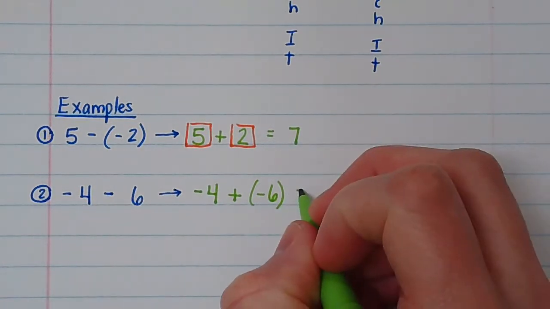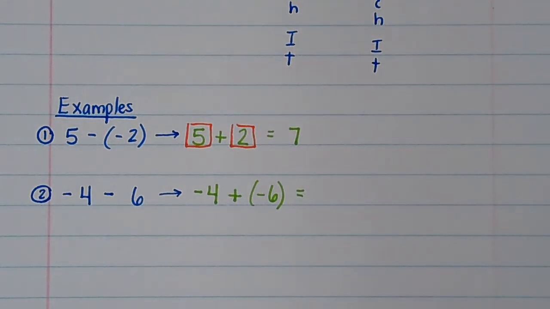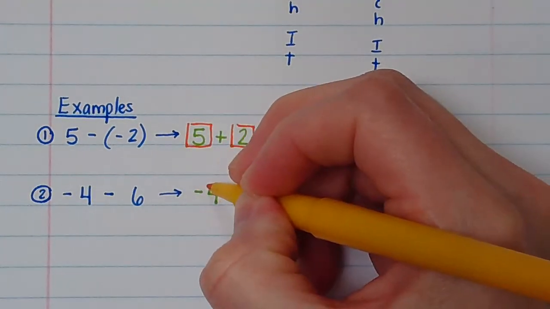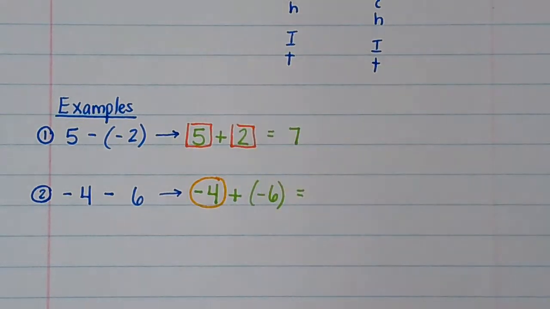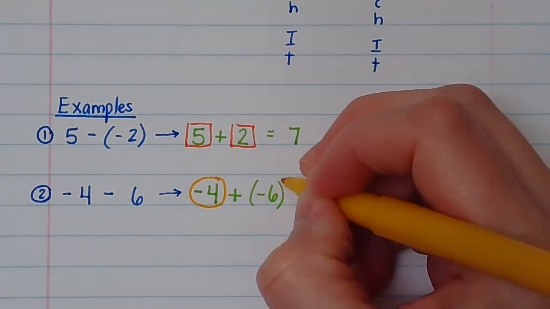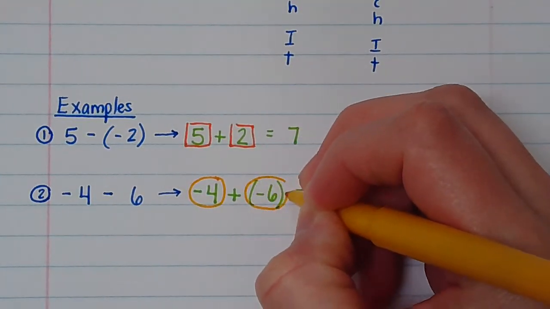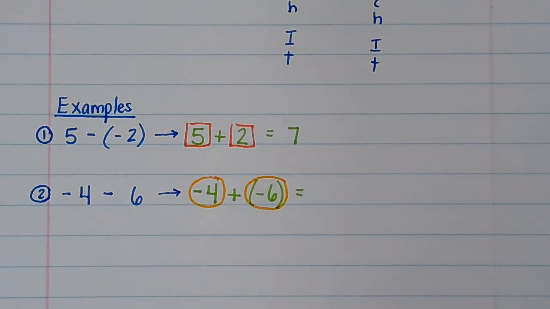So now when we go to solve this, I have a negative number, and then I have another negative number. Those signs are the same.